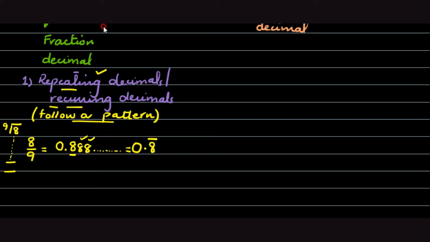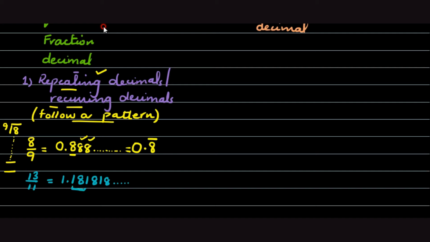Suppose I am writing the number 13 upon 11. Once I divide this number, I will get the answer 1.1818. I can keep on writing, but it means it is not finished. It will continue, but with a pattern. What is the pattern?